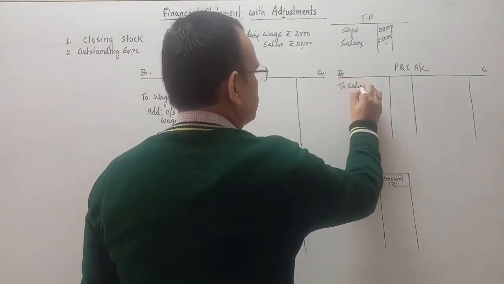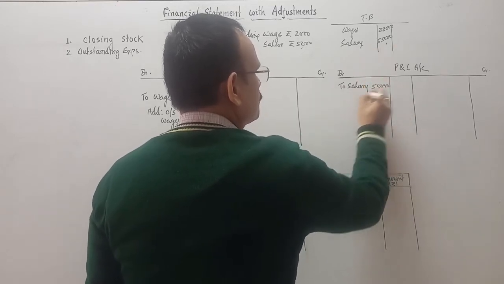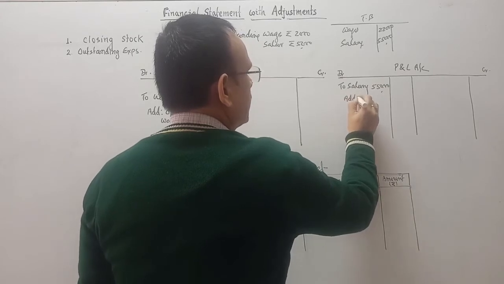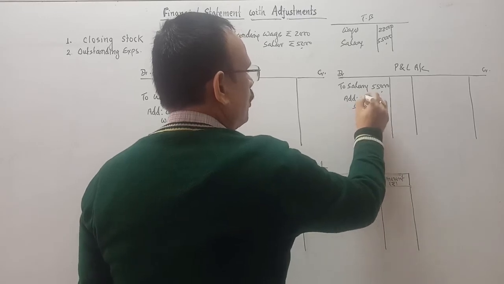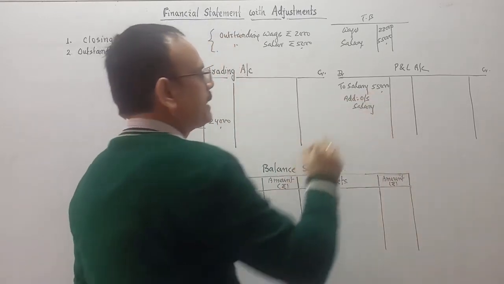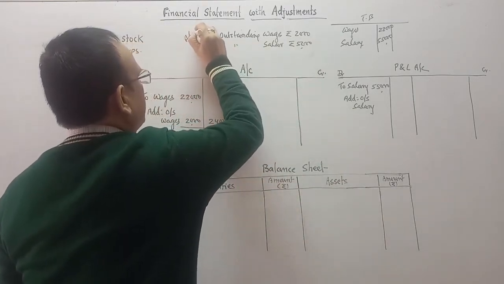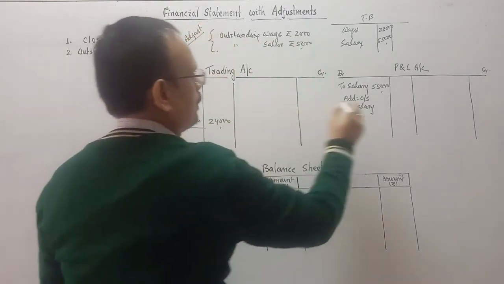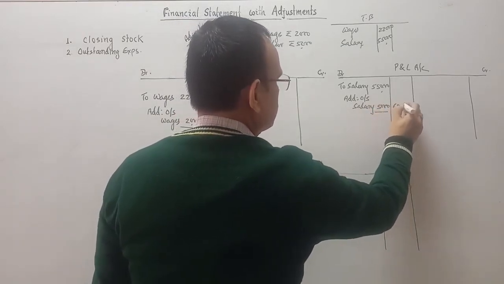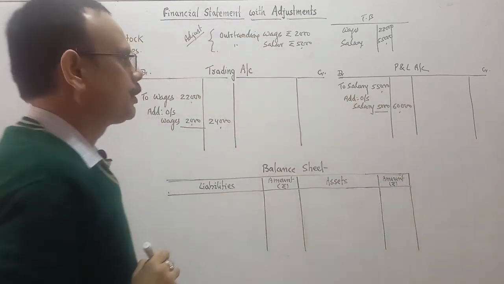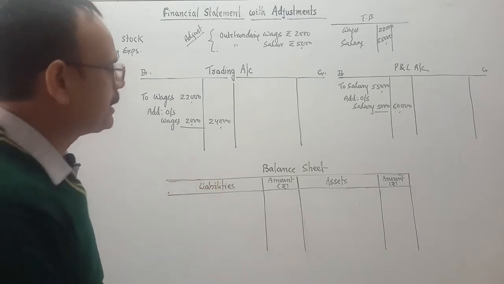So write the salary on the debit side as given in the trial balance, and add the outstanding salary. O/S indicates the outstanding salary given in the adjustment after the trial balance. Adding 5,000, it is 60,000, the total salary after adjusting the outstanding salary.